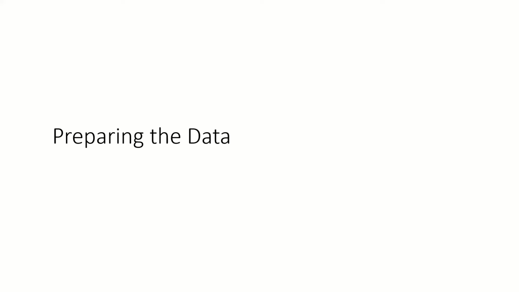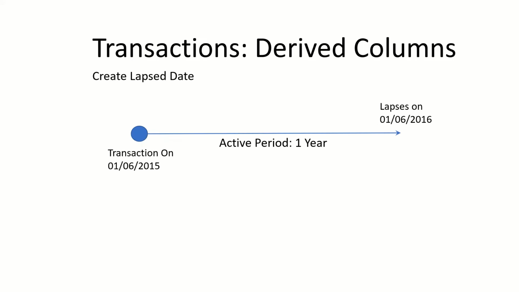To find those supporters who were active going into a snapshot date, and also those supporters who lapsed just prior to that snapshot date, it's useful to add a derived column to your table of transactions. That column would be the lapse date.